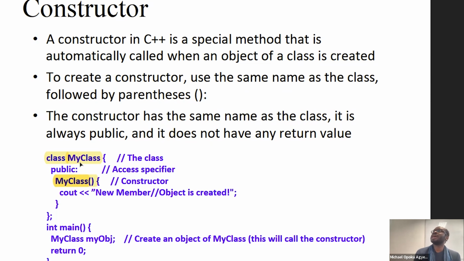So we're saying, it's public by nature. As soon as we create an object, we want this to be printed to the screen. We call this constructor. It has exactly the same name as the class itself. So if we go into the main function, we've got int main, where an object of that class is created, and then we do nothing.